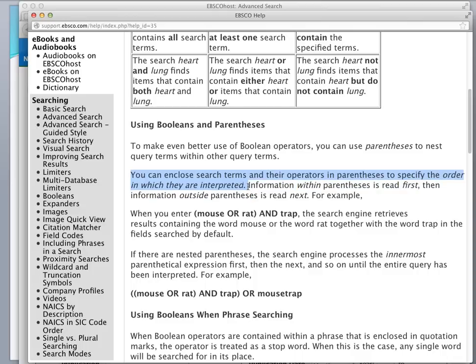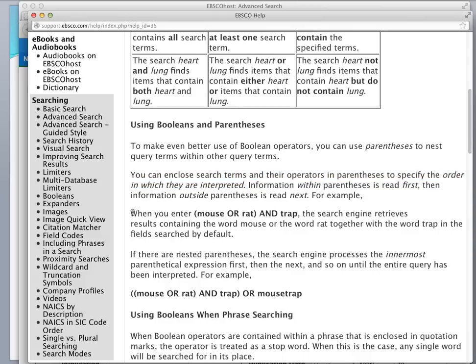Okay, so again, if we are going to make a search in this database, and we want to nest terms, it's always a good idea, as it is saying in the help file, to use parentheses. And here we have one example.